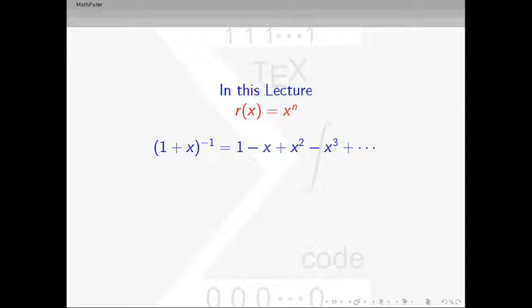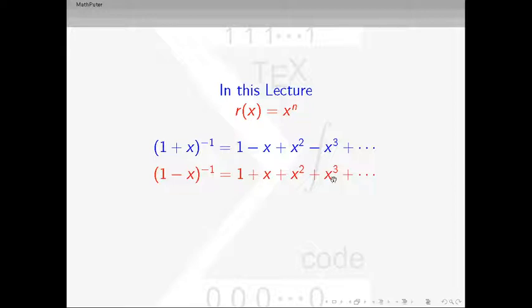The first one is (1 plus x) raised to minus 1 is equal to 1 minus x plus x square minus x cube and so on. You know that this is the Maclaurin series of 1 upon 1 plus x when the absolute value of x is strictly less than 1. The next is, in place of x I am writing minus x, (1 minus x) raised to minus 1, so this will be 1 plus x plus x square plus x cube.